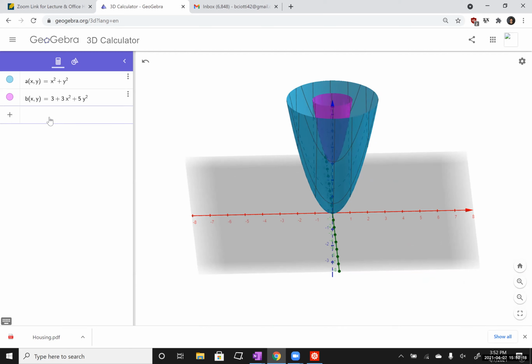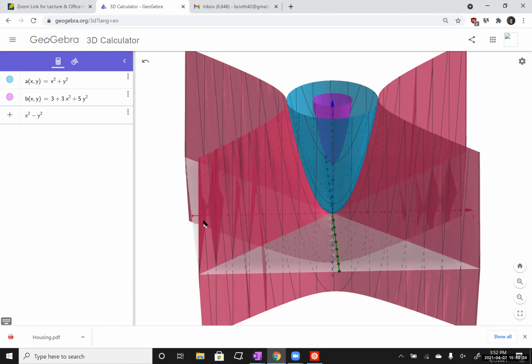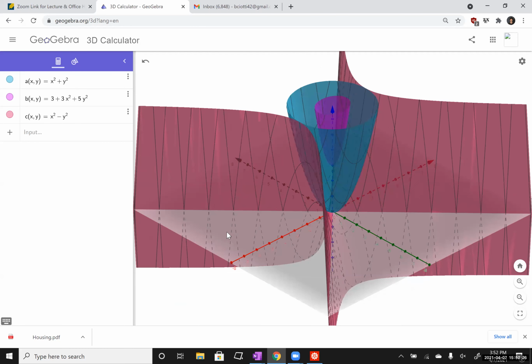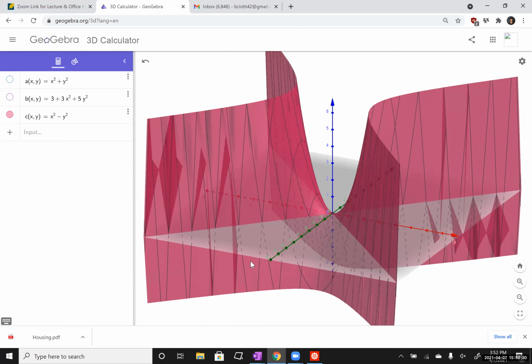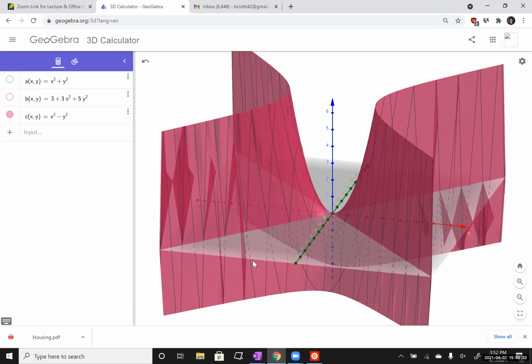And you also have hyperboloids like x squared minus y squared. Those are cool. Yeah, if I don't have to draw them, they're cool. This is like a horse saddle.